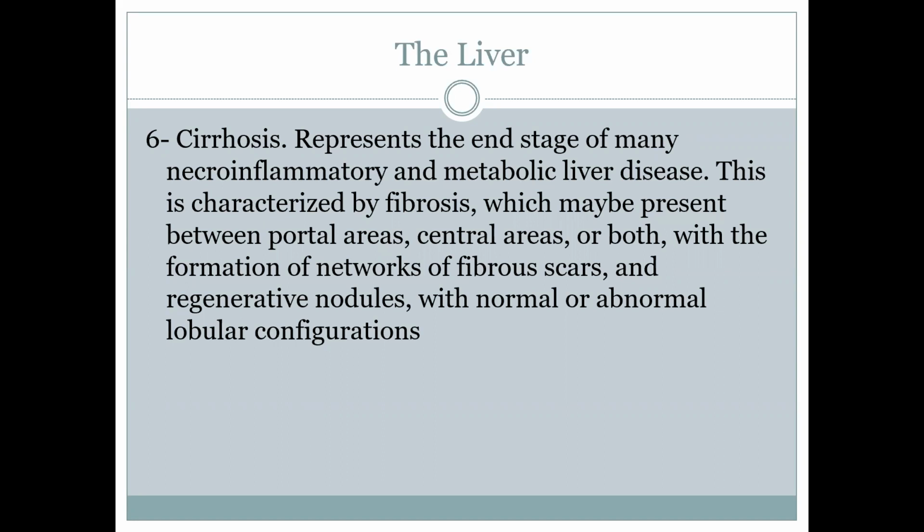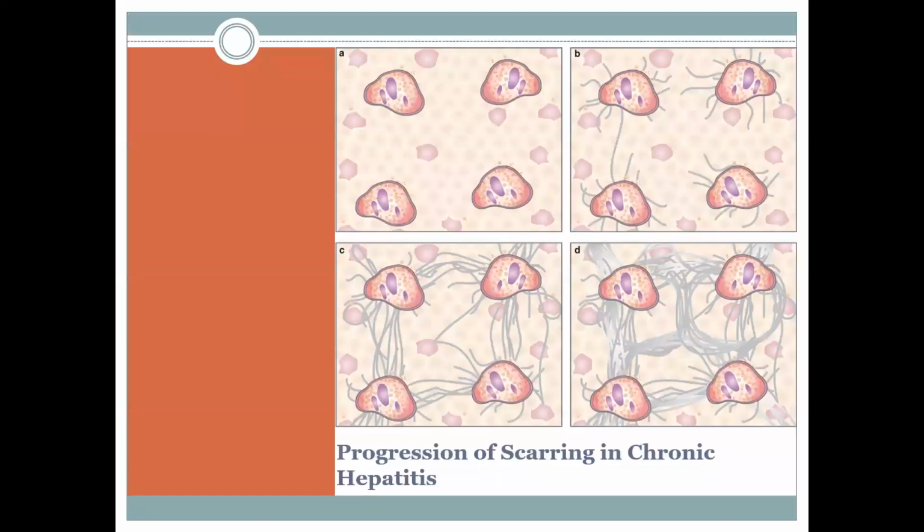All right, so now we'll talk about where those fibrous strands extend from and to where. We would see that there are portal to portal, portal to central, and central to central. So in this diagram, you will see how cirrhosis comes to happen.